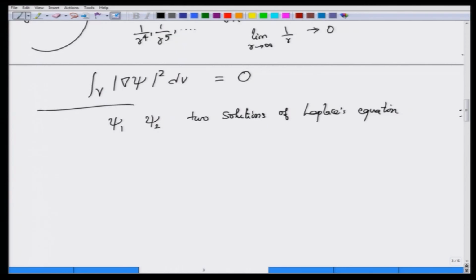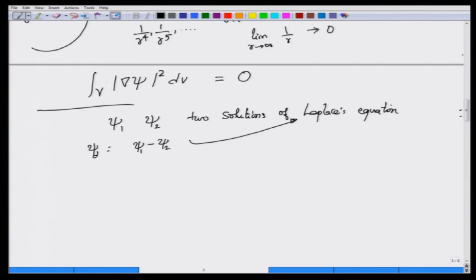Because of the linearity of Laplace's equation, the difference psi 1 minus psi 2, which we will call psi d, is also a solution of Laplace's equation. And this solution must be valid everywhere.